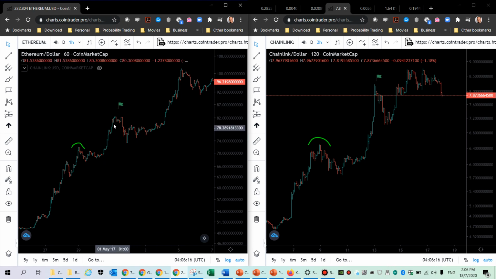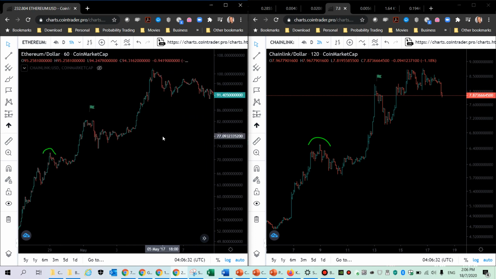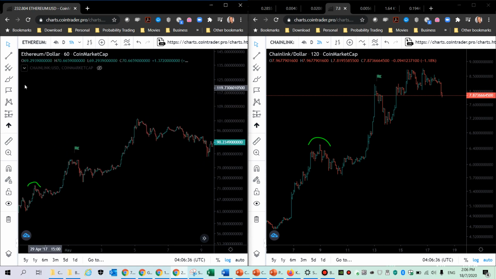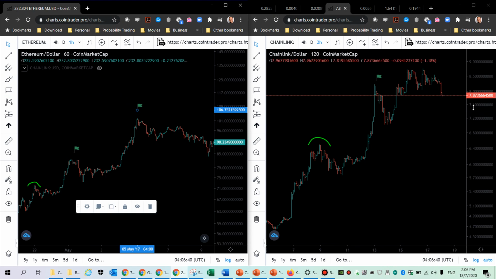But you can see it pushes back up, comes back down, pushes back up, comes back down, and holds on for a while. Then it pushes up into this pattern, and then it's doing this now. That's what Ethereum was doing then. Let's put another flag here.